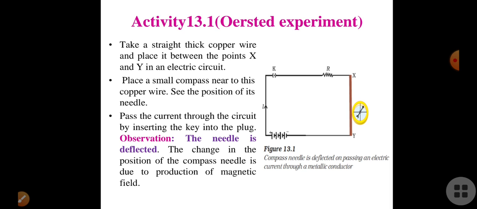So why is it deflected? The change in the position of the compass needle is due to the production of a magnetic field by this wire. Current passes, a magnetic field is produced, and due to the interaction between this magnetic field around this current carrying wire and this compass needle, which is also a magnet, it shows deflection.